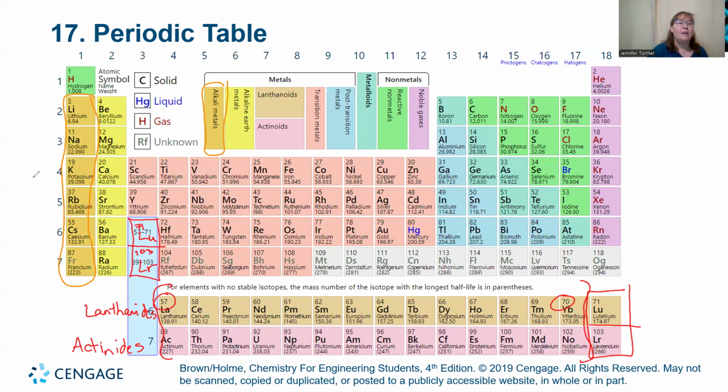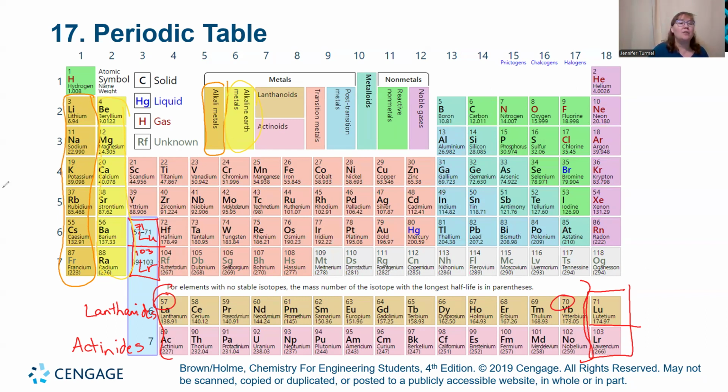Okay, and then here you have your alkaline earth metals in yellow, and you can color code them there. Okay, and then all the way over here, you have your reactive nonmetals in green, your noble gases in purple, post-transition metals in blue, your transition metals here. So feel free to do that.